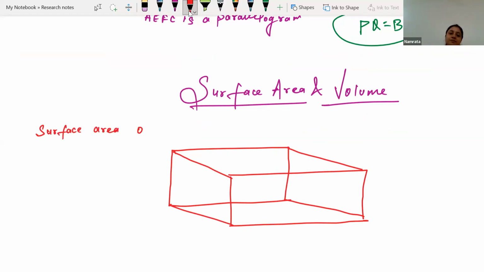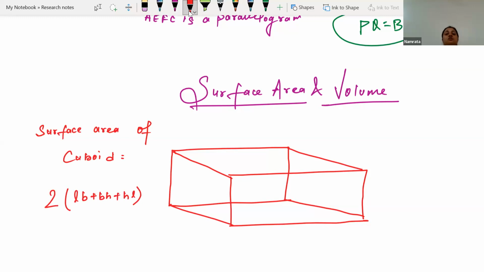Anyone? What's the formula for the surface area of the cuboid? Don't know? It's 2 times length into breadth, breadth into height, height into length. This is the formula. We are going to discuss where exactly this formula came from.